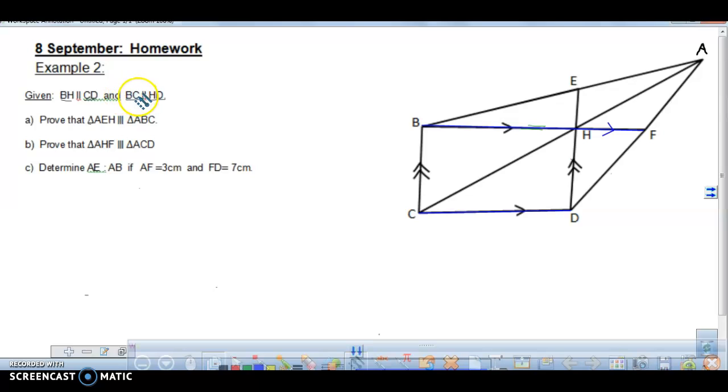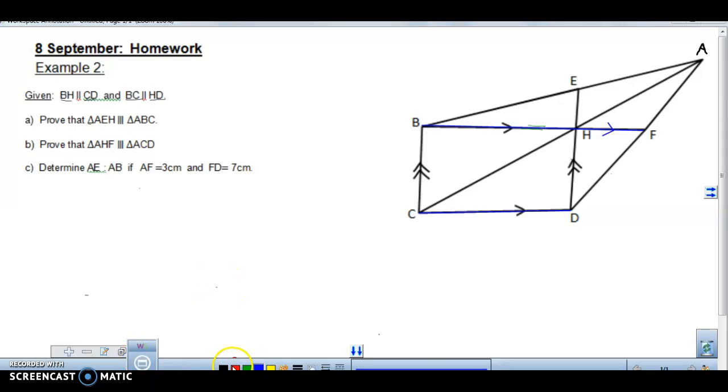They also give us that BC is parallel to HD. So let's use a different color for BC and HD and make them red. And say from B to C parallel to from H to D, and because HD is also extended to E, it includes that part of the line.